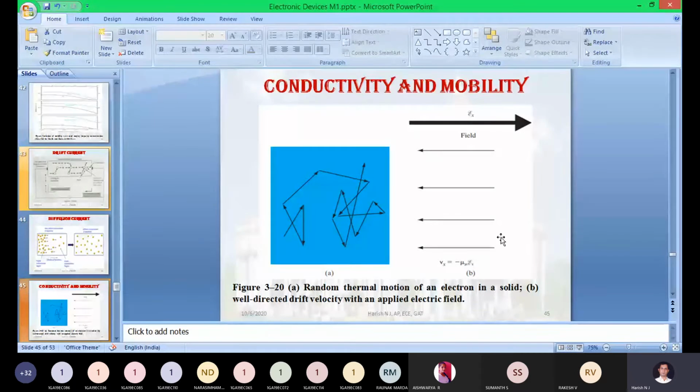Due to that momentum, we are going to calculate the velocity of that electron. Once we know the charge of the electron and the velocity of the electron, you can easily calculate the current density. So here, instead of saying current, why have I used the word current density?